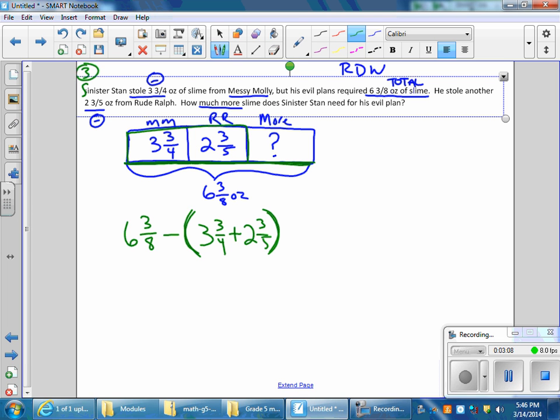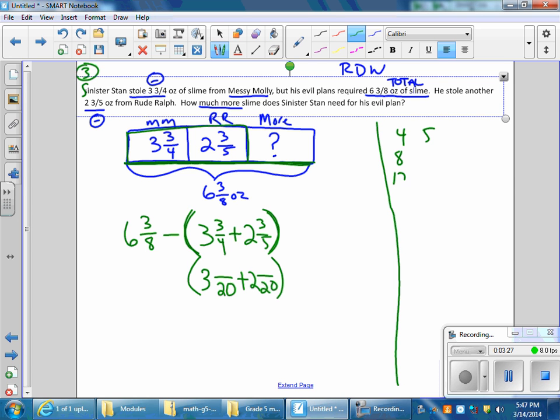So many of you can see that your common denominator is going to be 20. If you couldn't see that your denominator is going to be 20, set up your side work and list your multiples of 4 and 5 until you find a match.